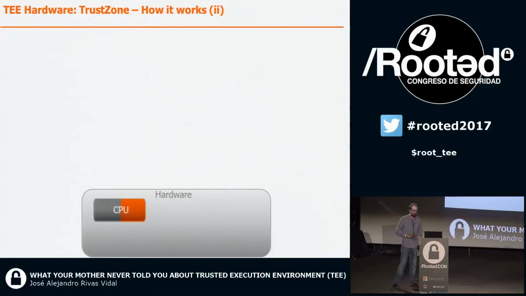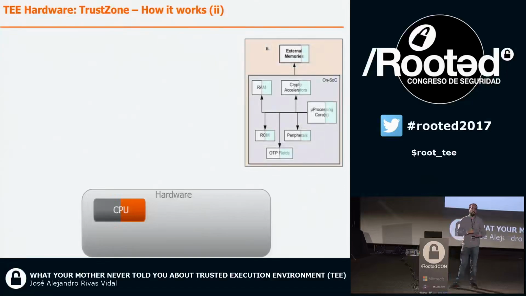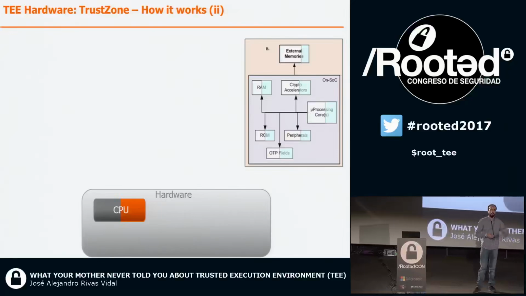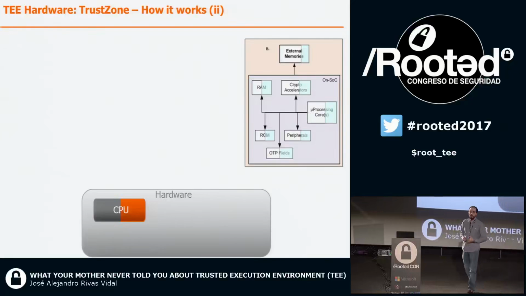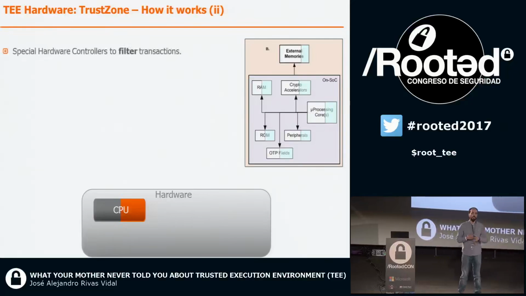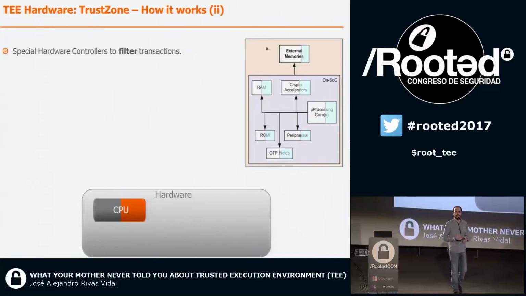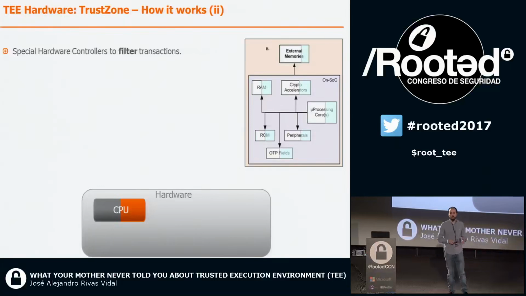So far, I've talked about the processor. If you may remember, the design on which the TrustZone technology is based allows to split the resources of the device between those exclusive for the TEE and those for the rest of the system. To do so, we'll need specific hardware controllers that allow us to filter transactions, looking at the state of the processor.